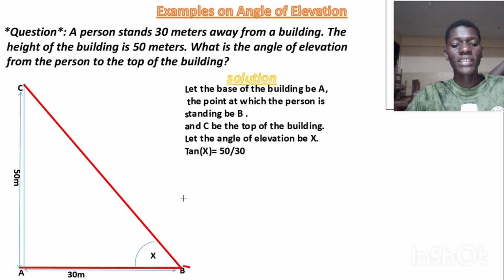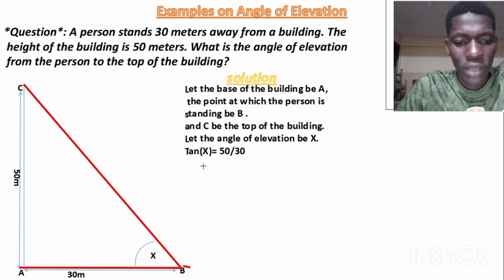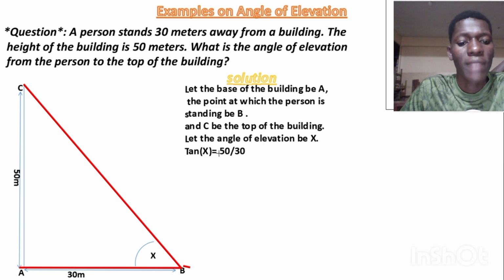What we want is x, not tan x, so we have to make x stand alone. We can't divide both sides by tan, because that would imply the tan is multiplying the x, and this is not the case. The tan is telling us that the ratio of the height and the distance is 50 over 30.